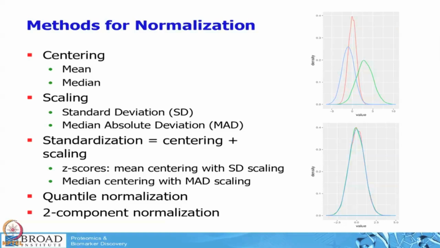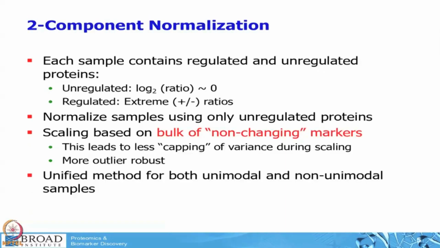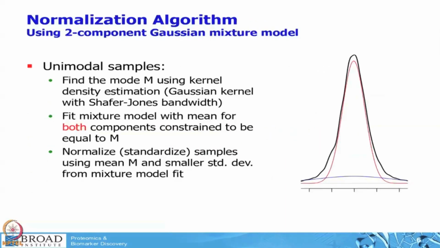To do that, there is a mechanism called a mixture model, where you can say, I know there are two different distributions mixed up in the plot that I show. So I have a plot like this, which is the black. The black has things that are not changing in the middle and things that are changing in the tails.